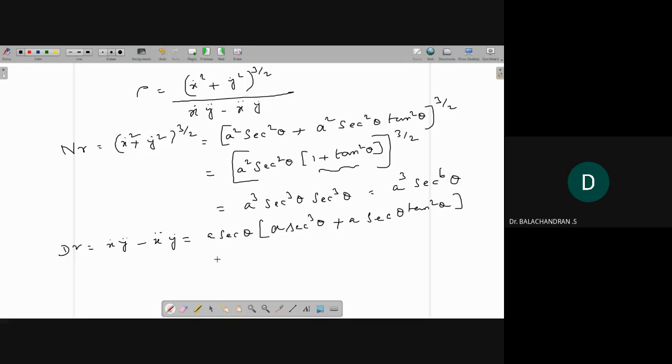Then minus x double dot into y dot. x double dot is a secant theta into tan theta, and y dot is a sec theta tan theta.